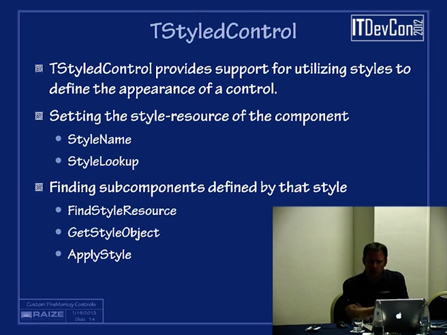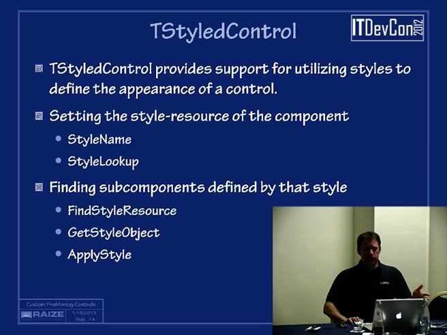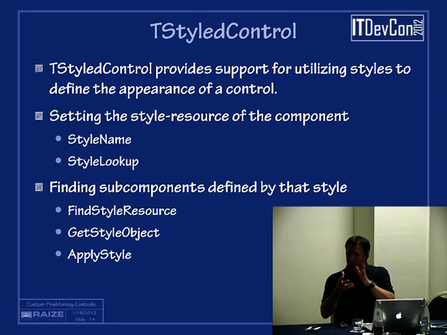So the styled control gives us the ability to hook into styles, defining the appearance. I already talked about the style lookup. That gives us the ability to reference a changed style that's in a style book. Typically, whenever you see a style lookup, right below it is a style names property.